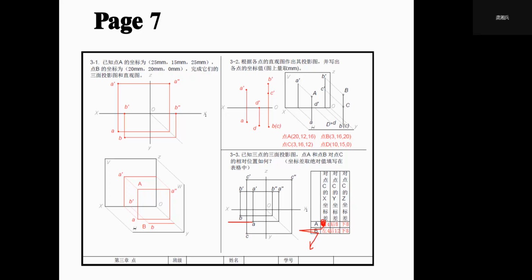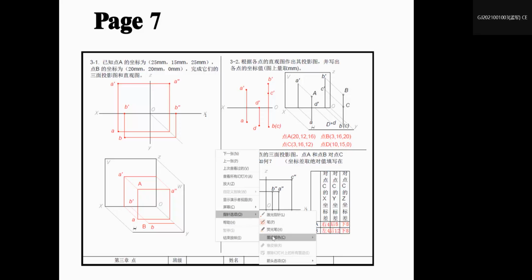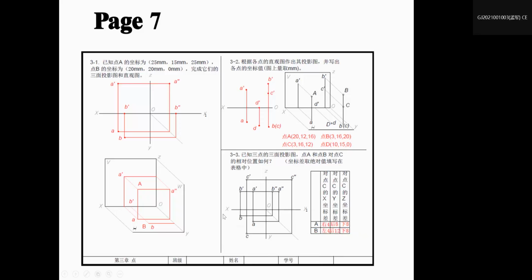And 4 means this length is 4. So B is on the left of C. This length is also 4.